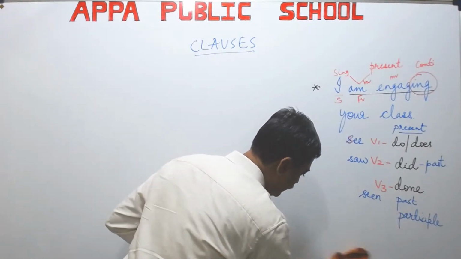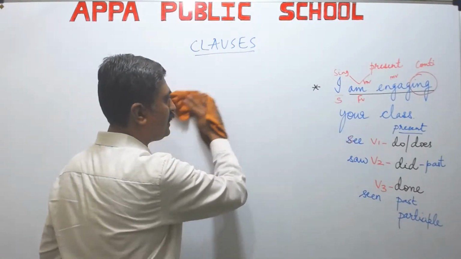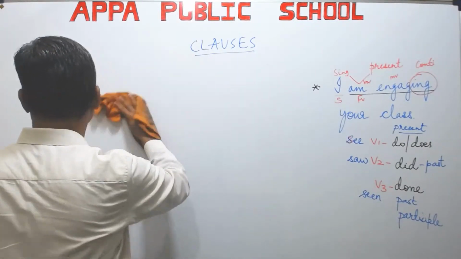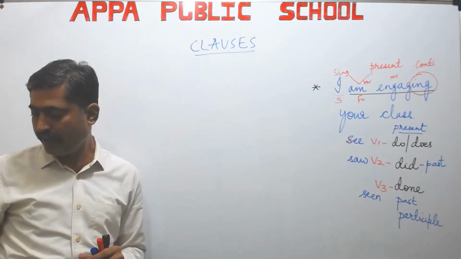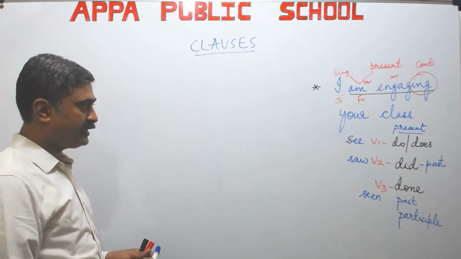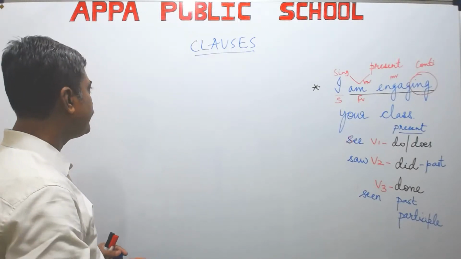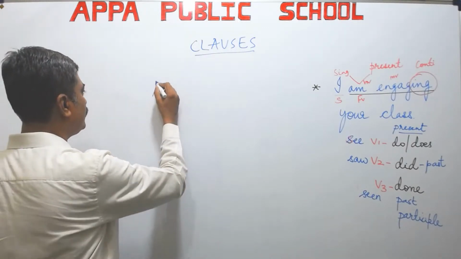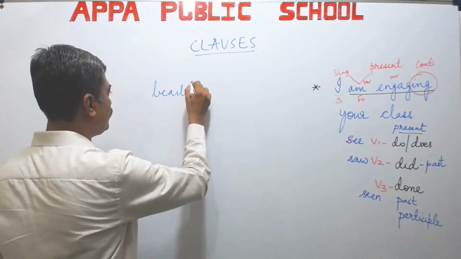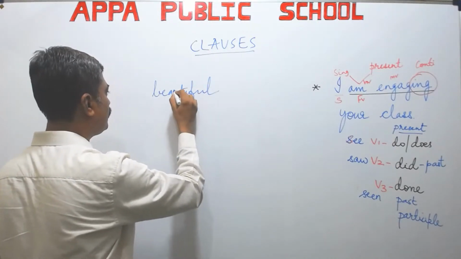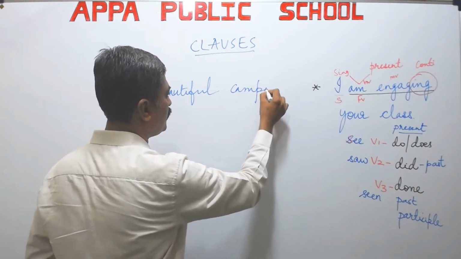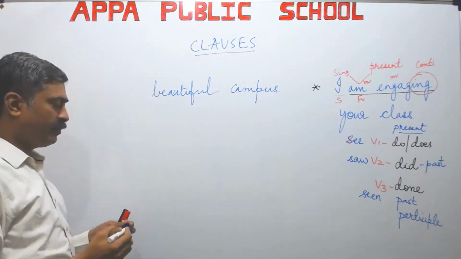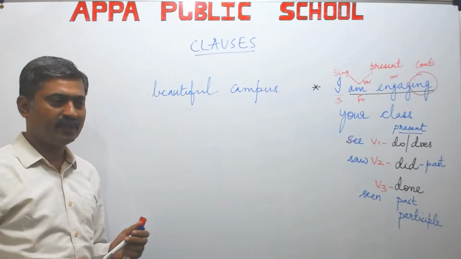Because that will tell us what the sentences are made of, what kind of clauses they are made of. Okay, so let's start with this. Like if I say, beautiful campus, you might wonder what these two words are doing here.